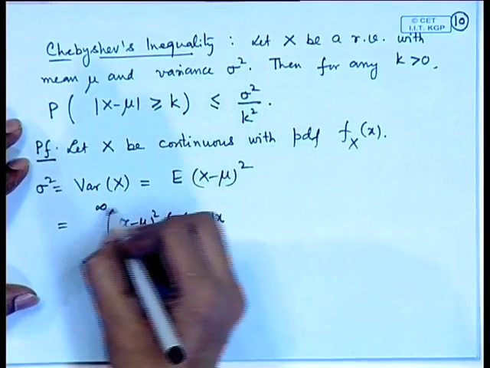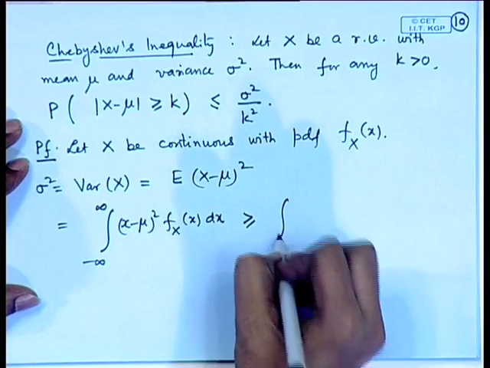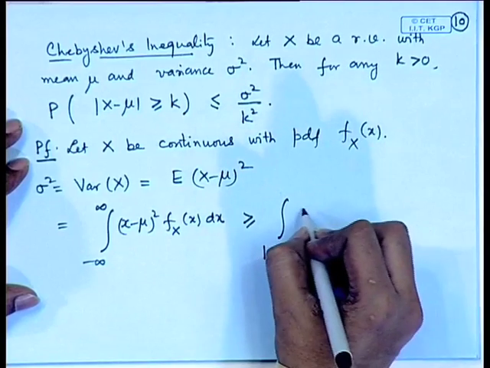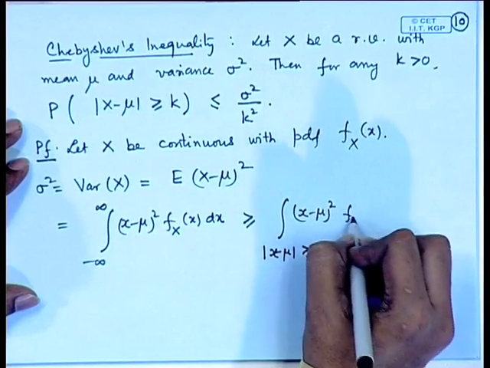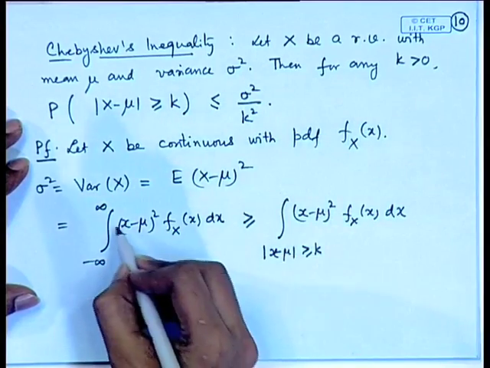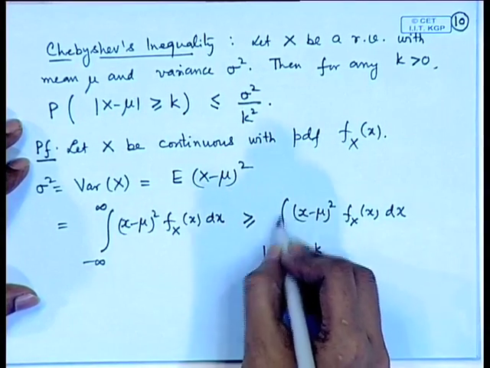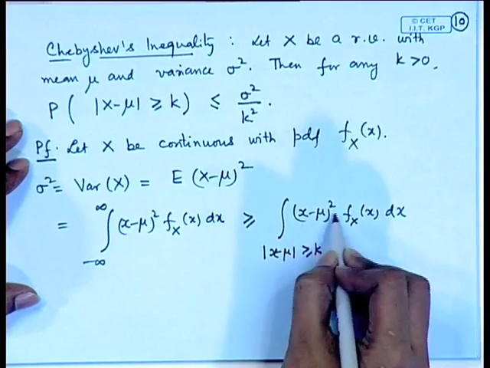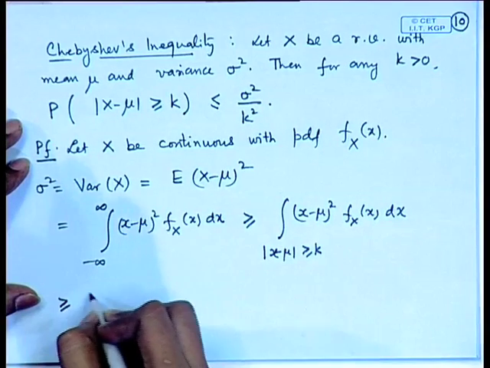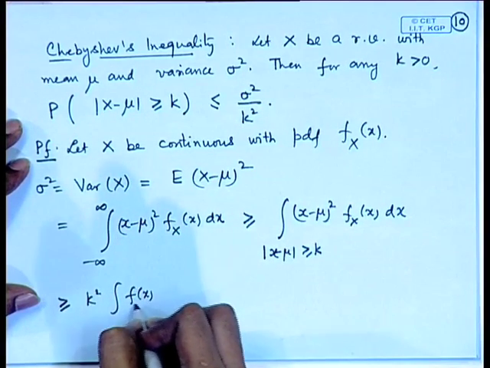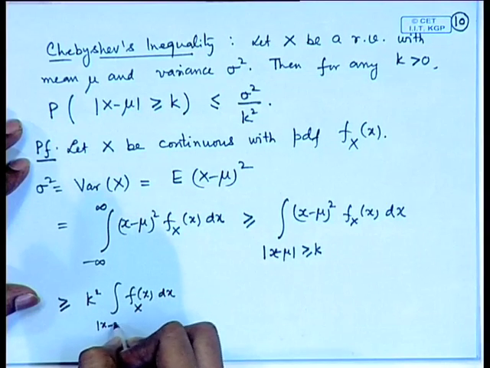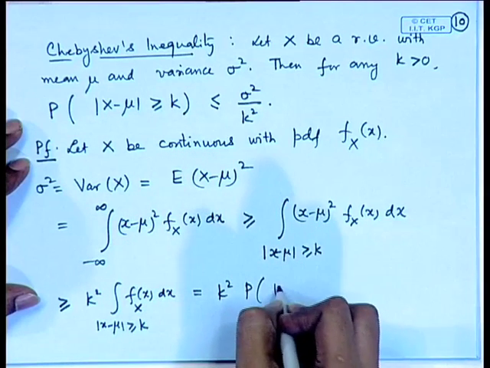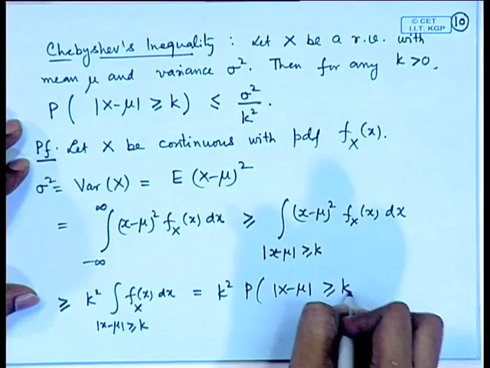Now, this integral is greater than or equal to the same integral over the region modulus x minus mu greater than or equal to k. This is because the integrand is non-negative, so if we reduce the region of integration, the value will become smaller. On this region x minus mu whole square is greater than or equal to k square, so we can replace by that. And this is nothing but k square times the probability of modulus x minus mu greater than or equal to k.